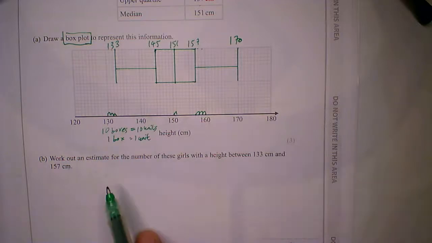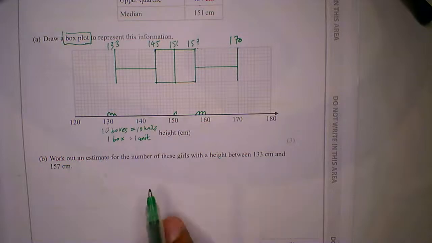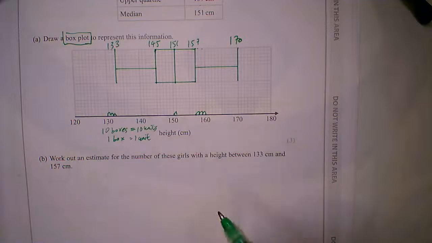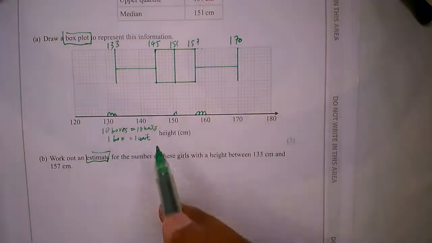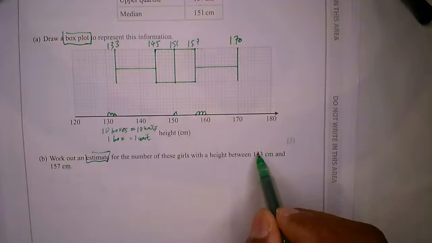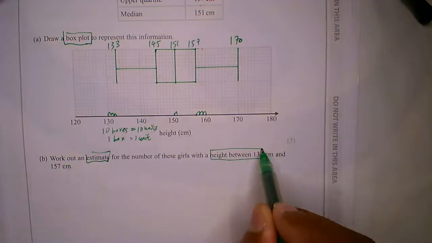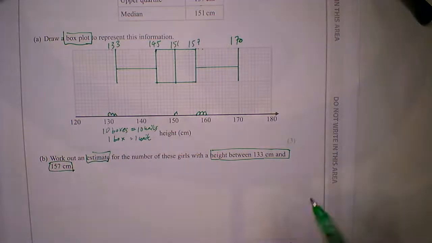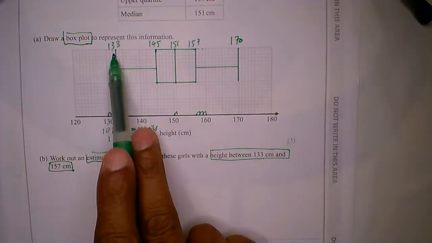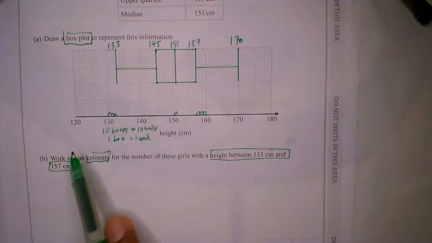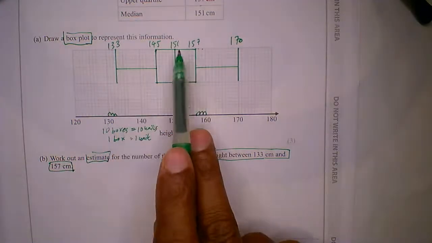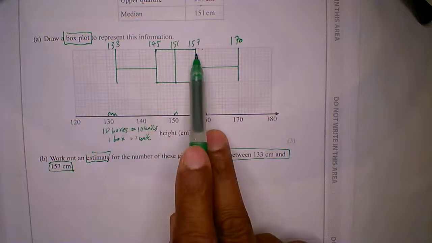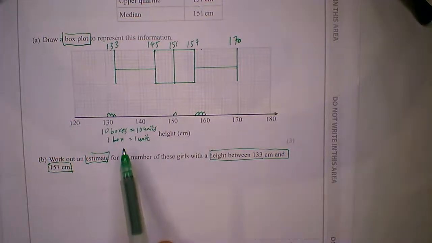So there's quite a lot to do here. I need to work out an estimate for the number of these girls with a height between 133 and 157. I can see I've got 133 here and 157 there. So I need to somehow use this and get an estimate.